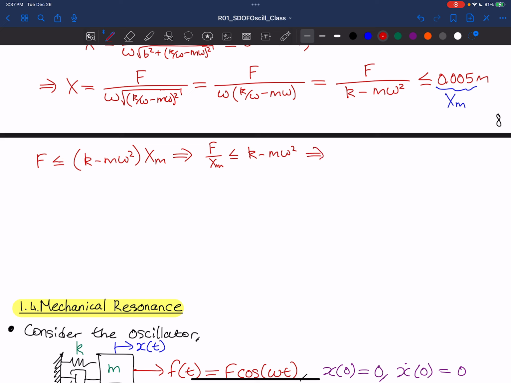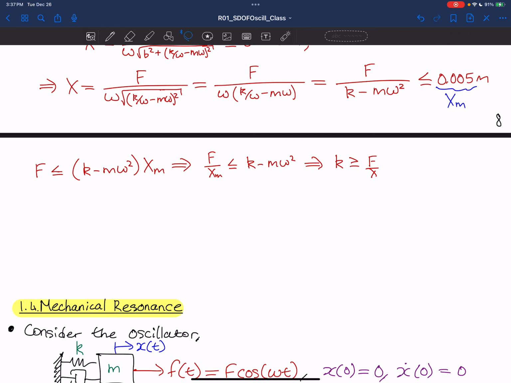We can then bring the M omega squared onto the other side, put the K here, so K must be greater than or equal to F divided by big X M plus M omega squared. So the F divided by X M is kind of like a static response in a sense, and then we add some dynamics here through the mass, through that omega squared term.